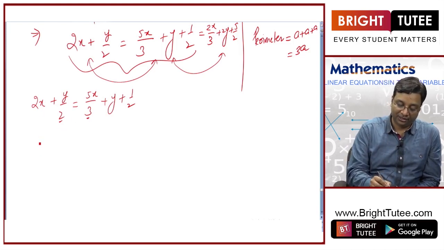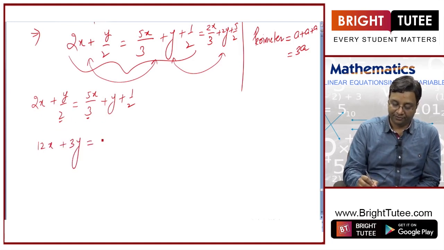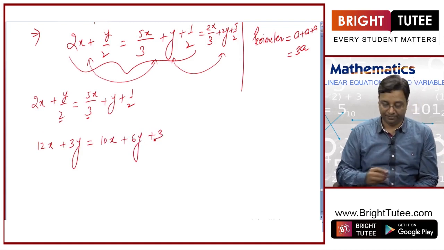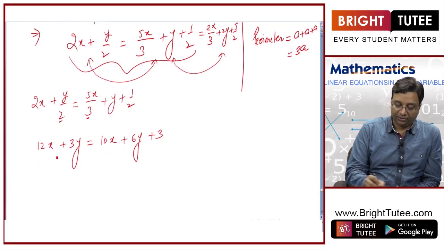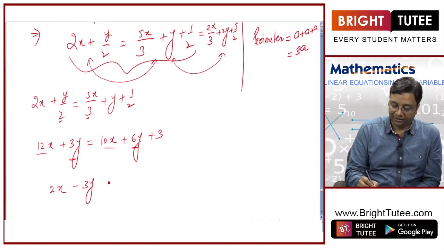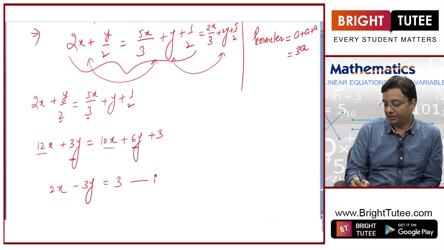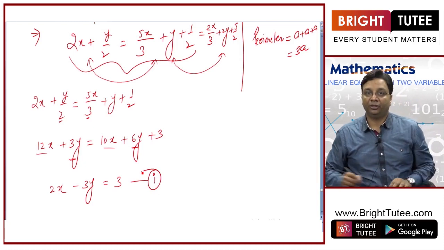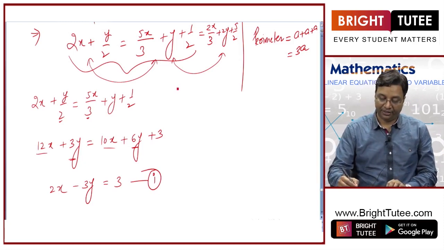So if I multiply by 6, this will be 12x and this will be 3y. This will be 10x, this will be 6y and this will become 3. Now 12x minus 10x is 2x, 3y minus 6y is minus 3y and it is equal to 3. Let me call it equation number 1.